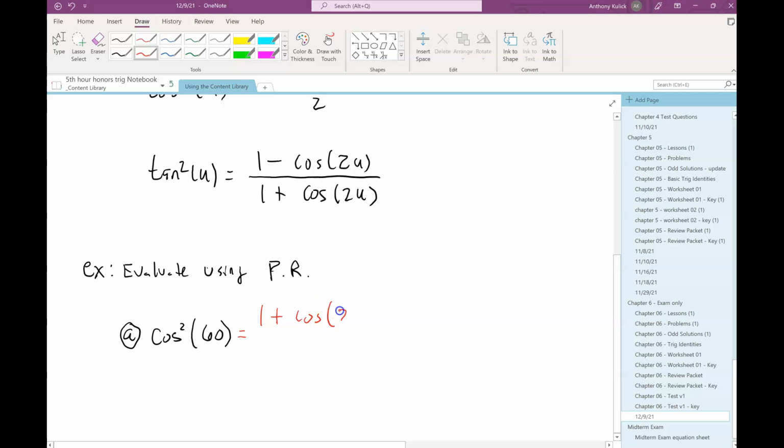Go ahead and plug this all in. So far, so good. 2 times 60 is 120.